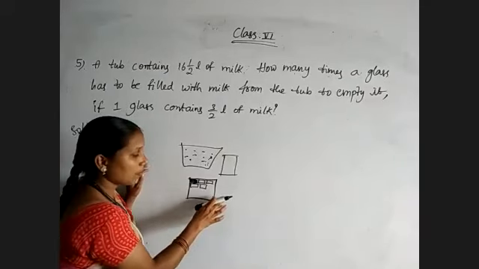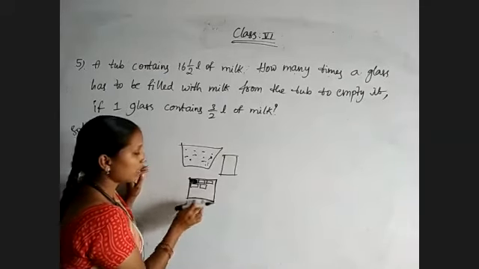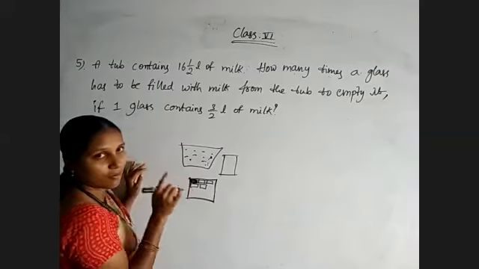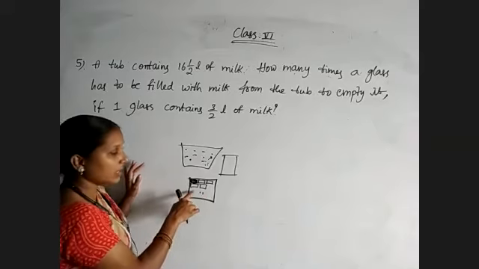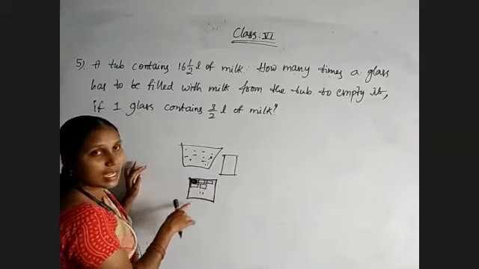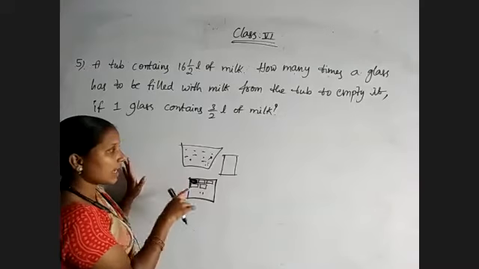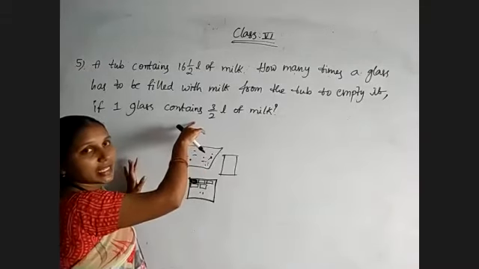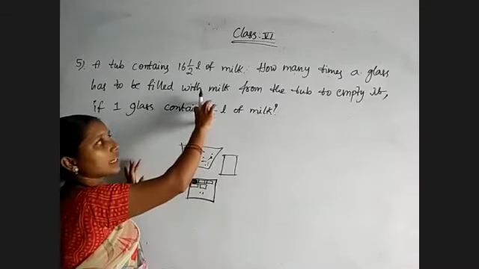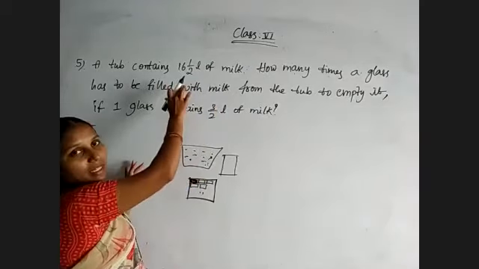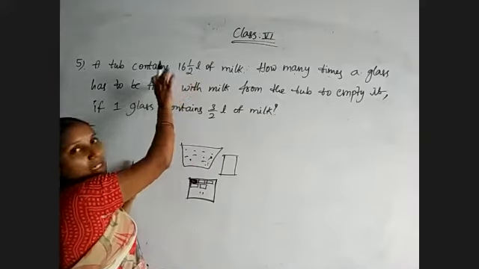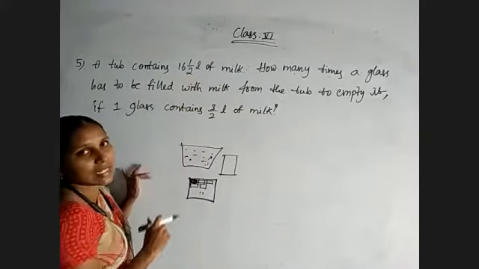Okay, area of the complete floor must be divided with this area of the one tile. Then you will get how many tiles are needed to fill up this area of the floor. Same thing, how many glasses are needed they are asking. So capacity of the glass is 3/2 liters and total capacity of the tub is equal to 16 1/2 liters. So divide 16 1/2 liters with 3/2, then you will get the number of glasses.